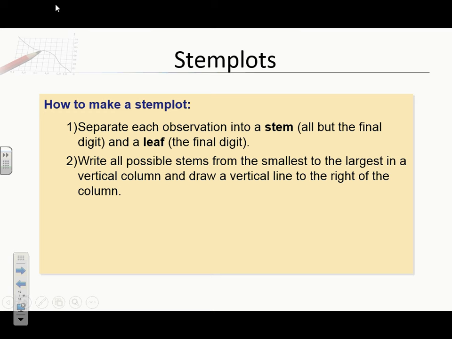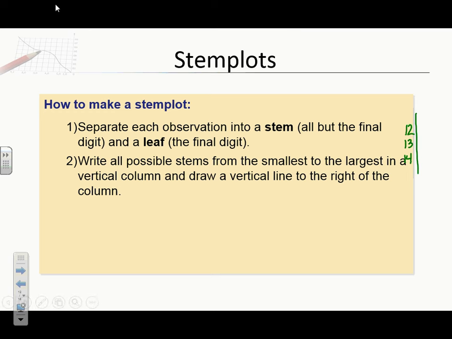So when we said we had our stems of 12, 13, and 14, we'd start with 12 at the top, 13, and then 14. We're just going to arrange them in a vertical fashion and just list them from smallest to largest. And then we have a vertical line off to the right to separate the stems and the leaves.